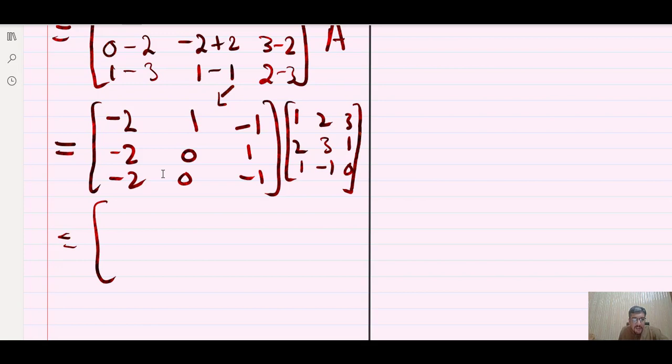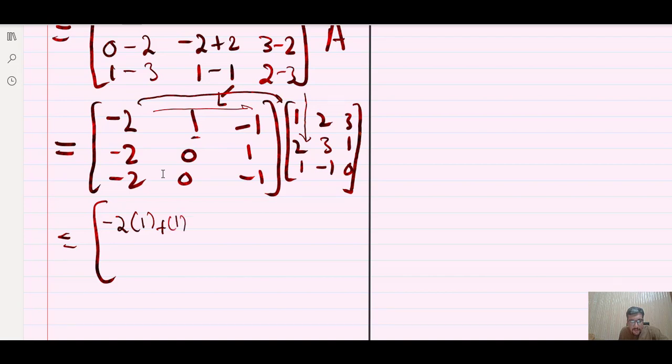This minus 2 is going to multiply with this 1, minus 2 into 1, and this one is going to multiply with this 2. In this way we do multiplication, this row and this column, 1 multiplied by 2.